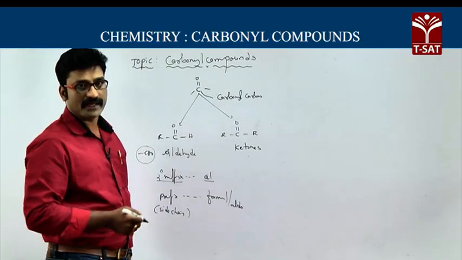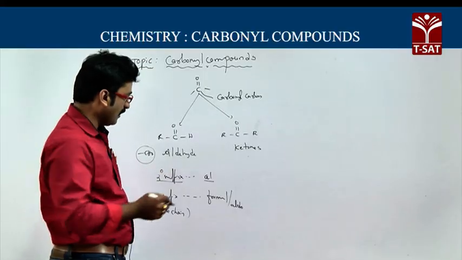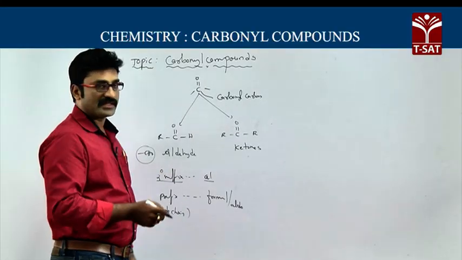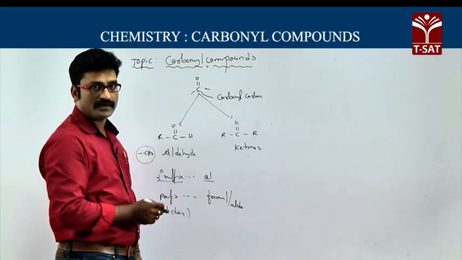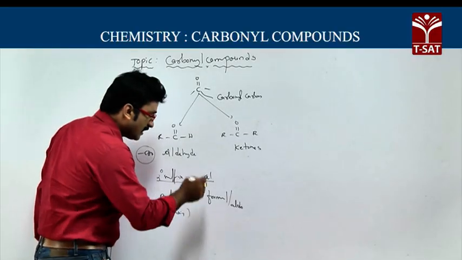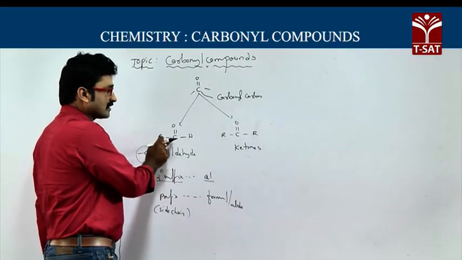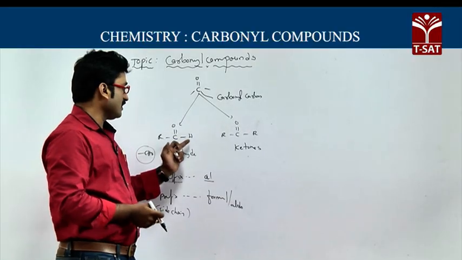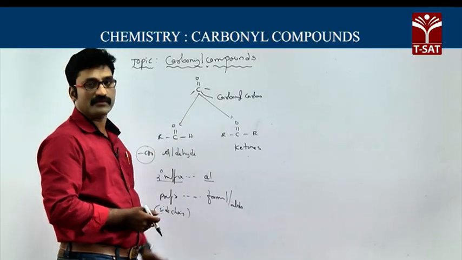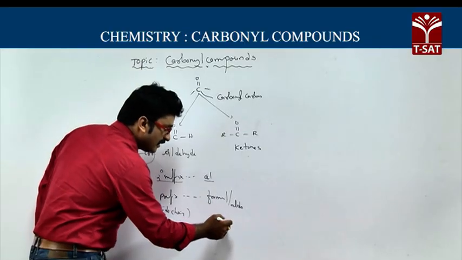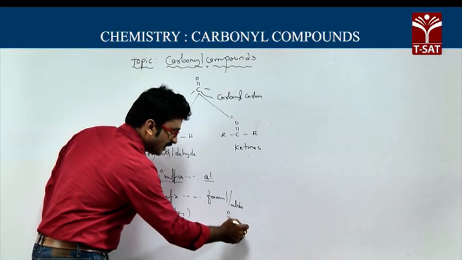Now we will take a few examples so that you can understand it very well. First I will start with the first member of aldehydes, formaldehyde. But here, I said in aldehydes the carbonyl carbon is bonded with hydrogen and an alkyl group, except in formaldehyde. So in formaldehyde the carbonyl carbon is bonded with two hydrogens like this.